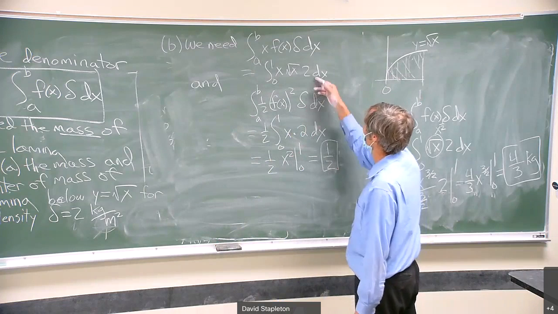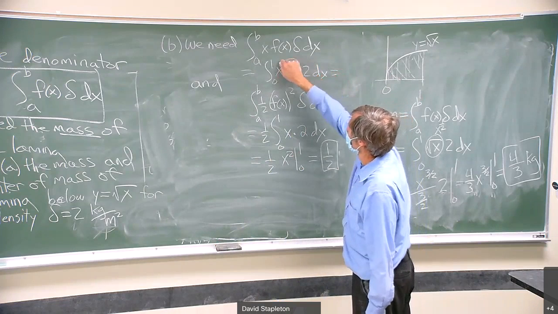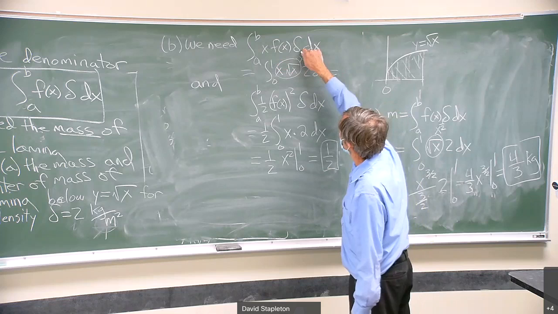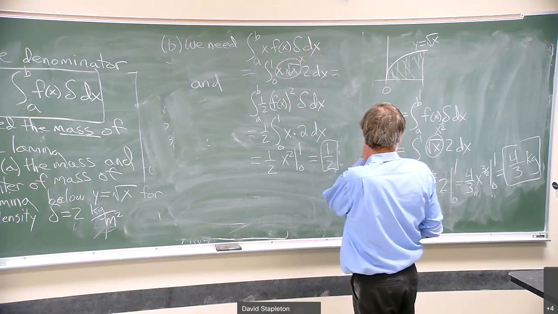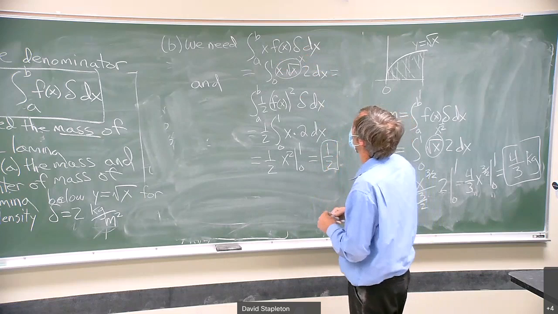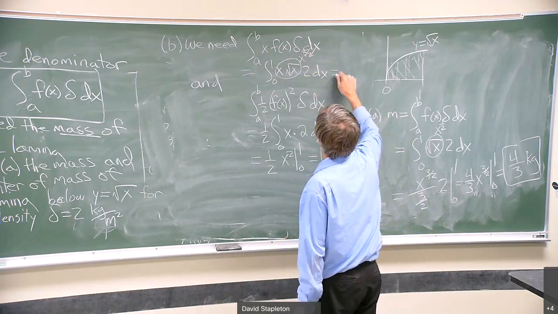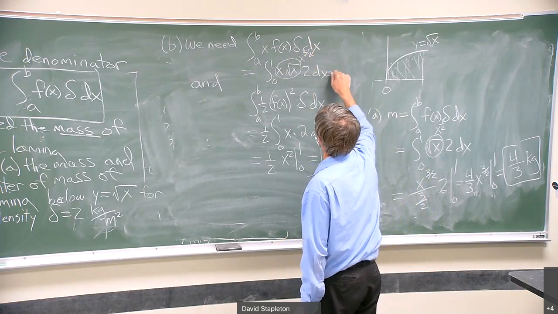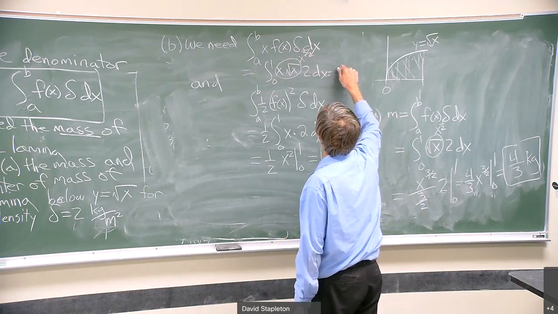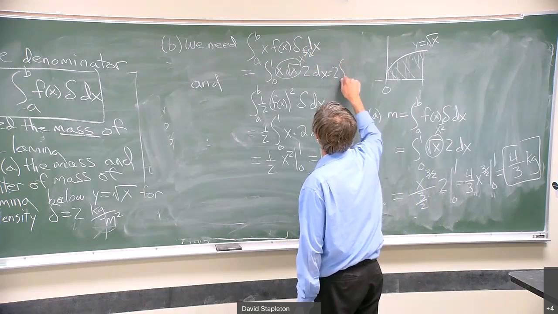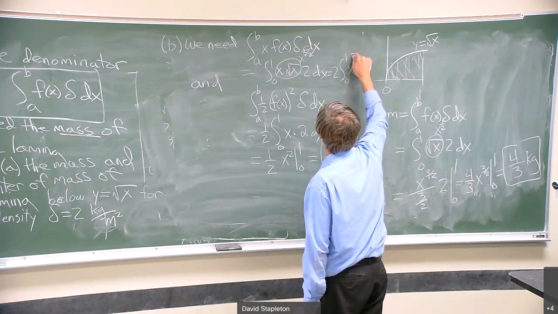And I should have finished this one. This one you write as x to the 3/2, right? Yeah, x to the 3/2. And so what you have for this one was 2 integral from 0 to 1 of x to the 3/2 dx.